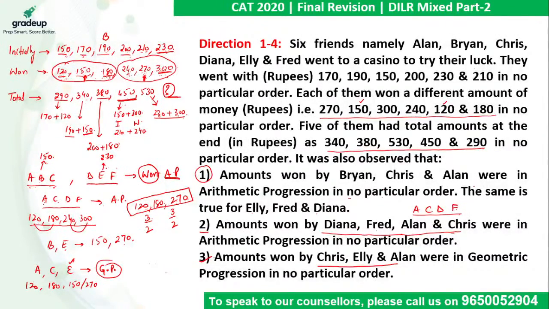When it comes to E, E has a sum of 270 with him. The amount won by him is 270. So 270 is not there in any of the cases, right?